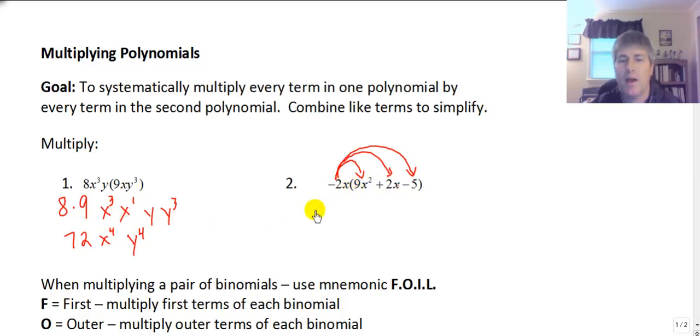Negative 2 times 9 is negative 18, and applying our laws of exponents, we get x cubed. The second term, negative 2 times 2, negative 4, and x times x, so negative 4x squared. And then finally, negative 2x times negative 5, we get a positive 10x.